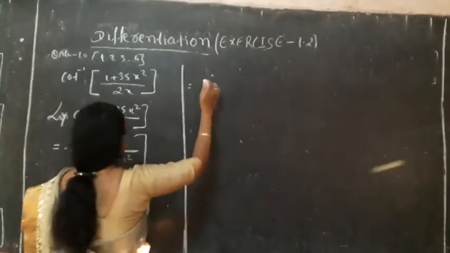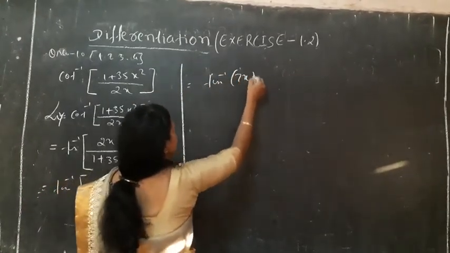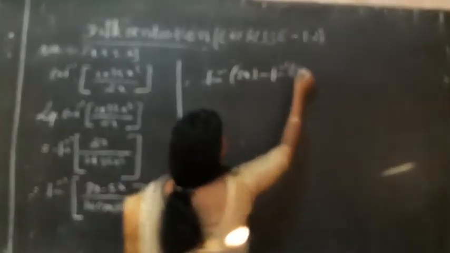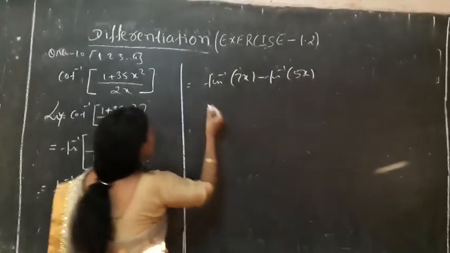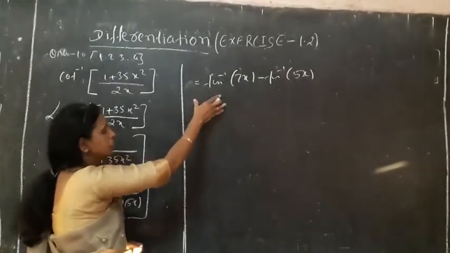Okay. Now this takes the standard form. We can write tan inverse 7x minus tan inverse 5x. So this step is ready for differentiation. So differentiate with respect to x.